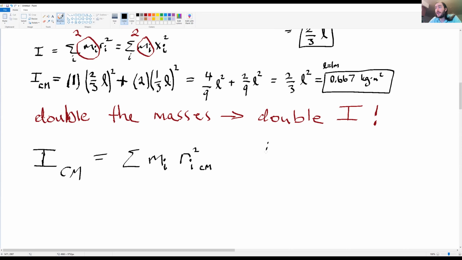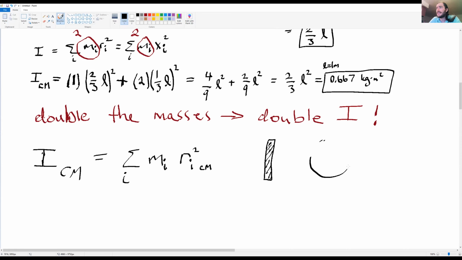So for example, I could have a rod like so, and the rod is obviously full of a bunch of different masses, right? A bunch of atoms make up the rod, but we would treat that as a continuous system, and we would change this summation to an integration. And we won't do that because obviously we want to do things without calculus in this class.